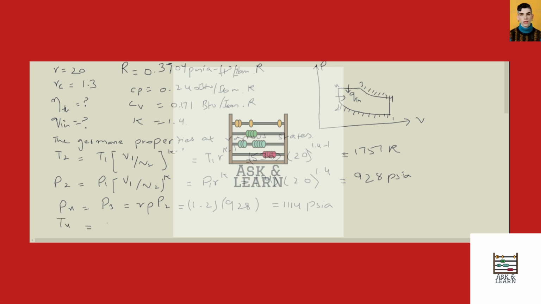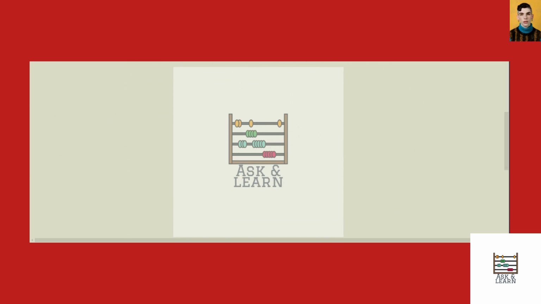Tx is equal to T2 times Px divided by P2, which is 1757 R into 1114 divided by 928, which is equal to 2109 R. Now temperature T3 is equal to Tx into V3 divided by Vx, which is equal to Tx Rc.